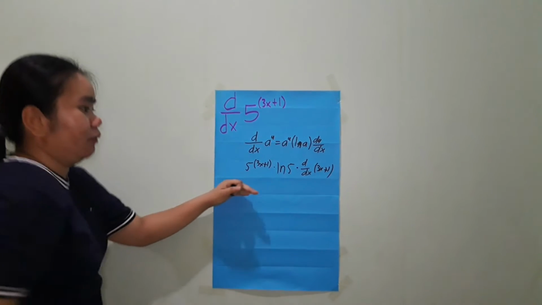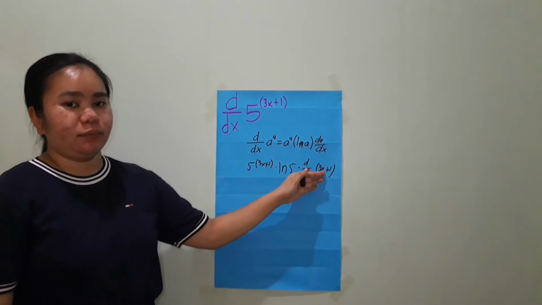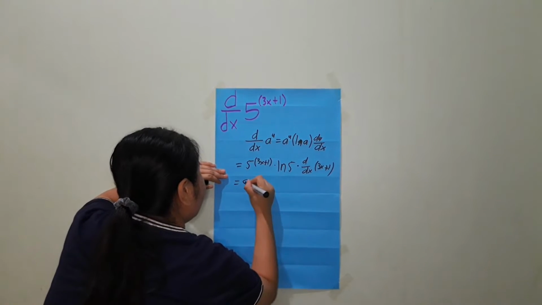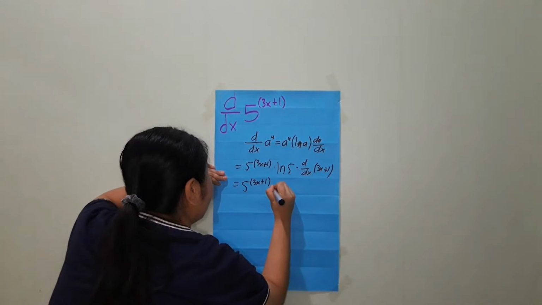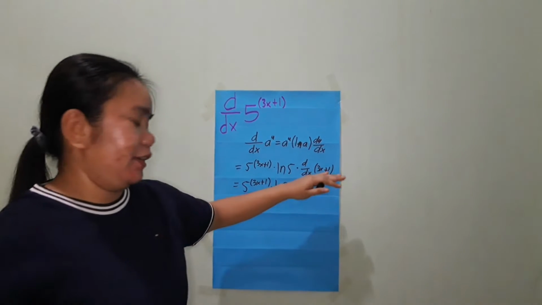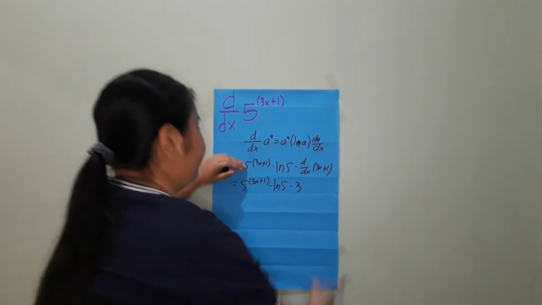And after nito, ating kukunin ang derivative ng 3x plus 1, which is magiging is equal to 5 raised to the power of 3x plus 1 times ln of 5 times derivative of this is equal to 3.